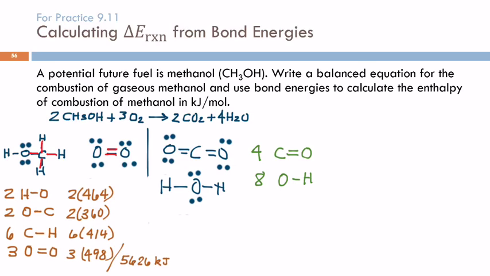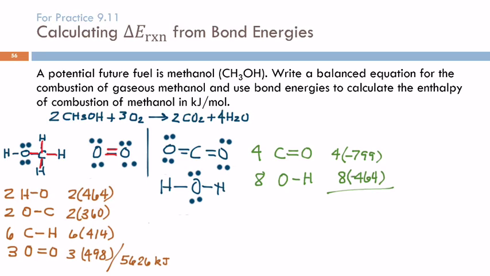So I've got the hydrogen-oxygen, that's 464. And I happen to remember the bond energy for the double bond in carbon dioxide is 799. And 4 of those. Oh, but these are negative, aren't they?